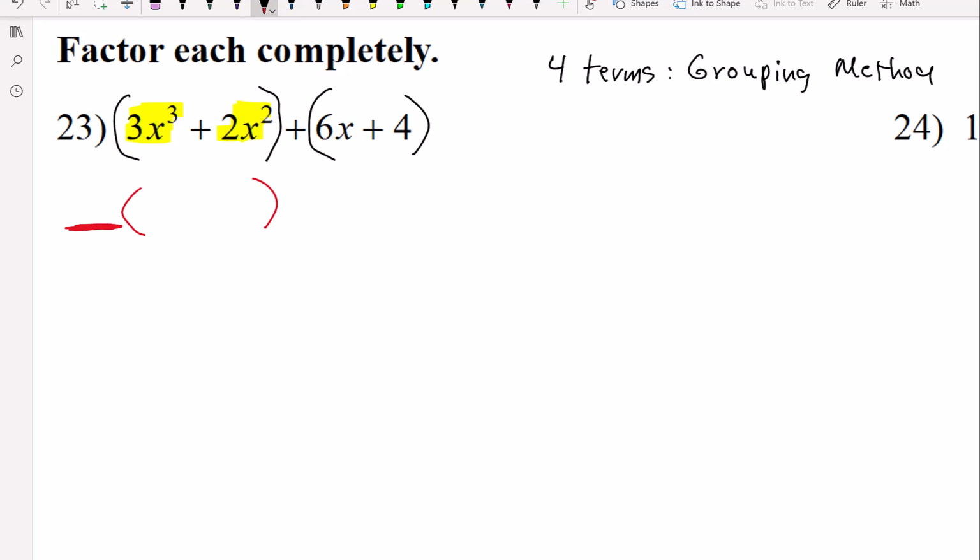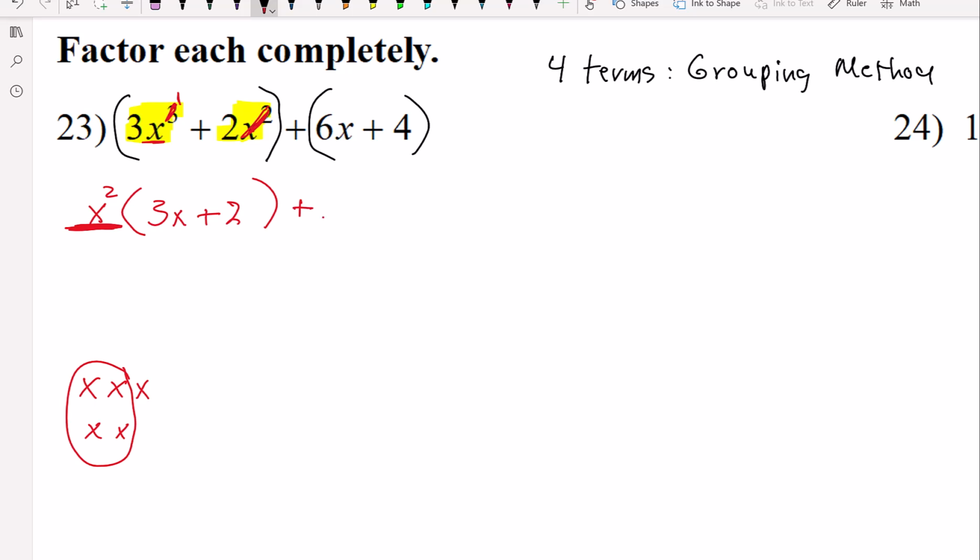So 3 and 2 don't share anything, so we put 3 and 2 here. But this is x cubed, the other one is x squared. They both have an x squared in common. So that x cubed then becomes just x to the first. That cancels, and what we have is 3x plus 2.